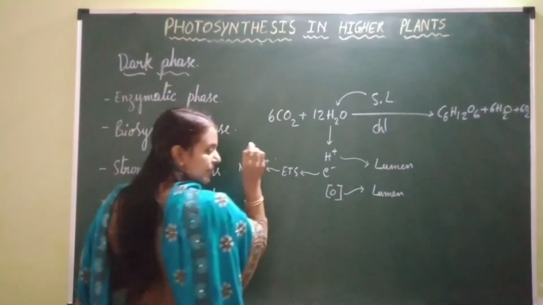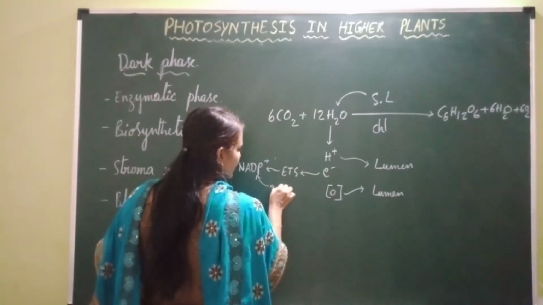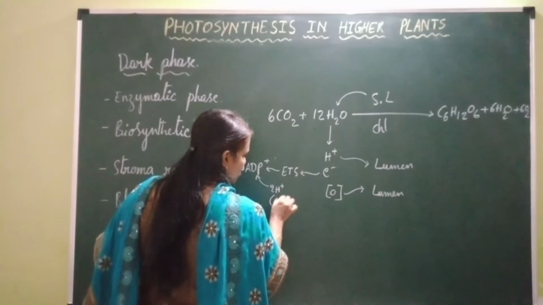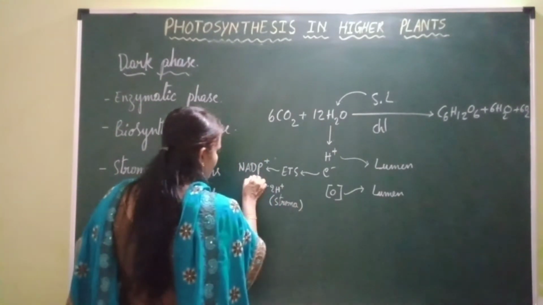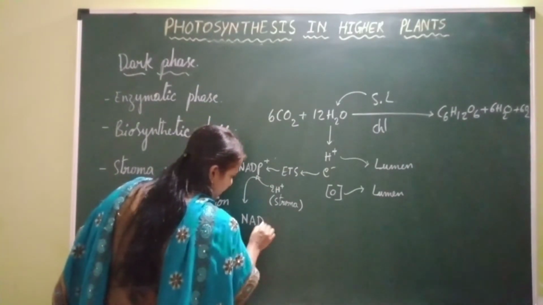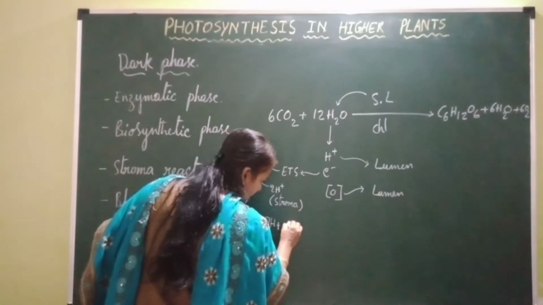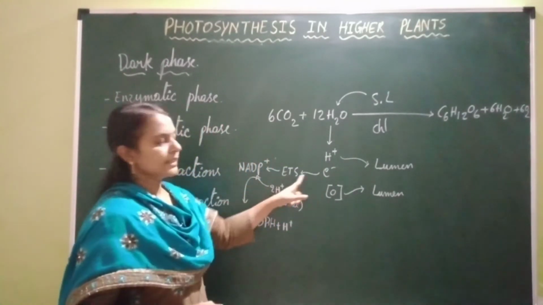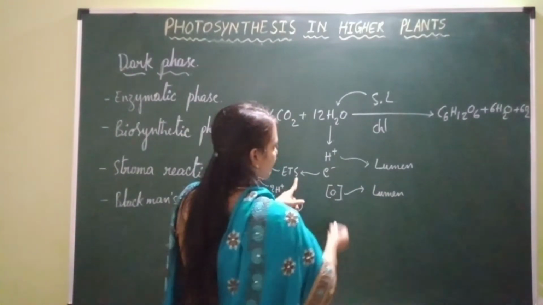That NADP+, after picking electrons, takes two protons from the stroma of chloroplast and is reduced into NADPH plus H+.